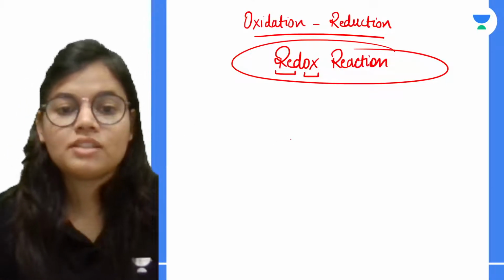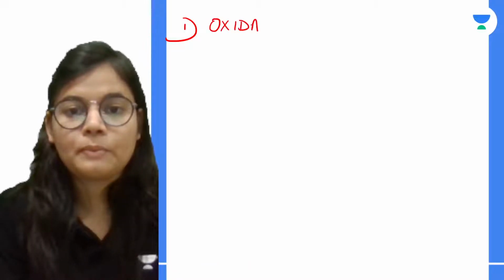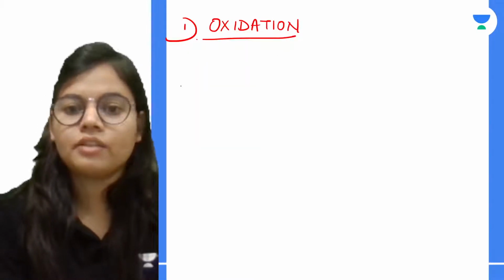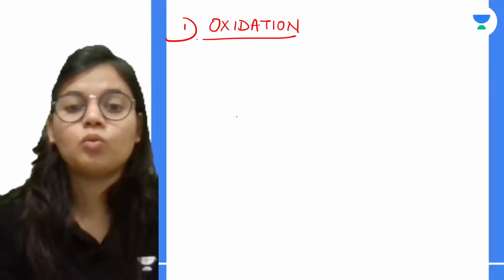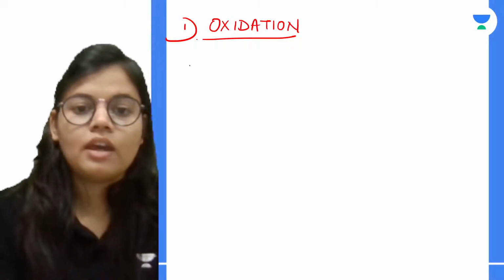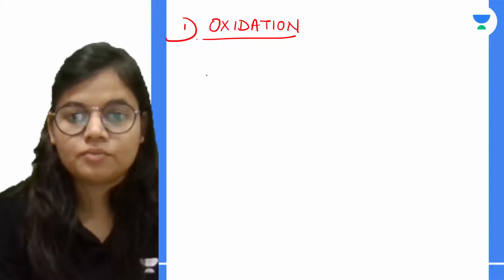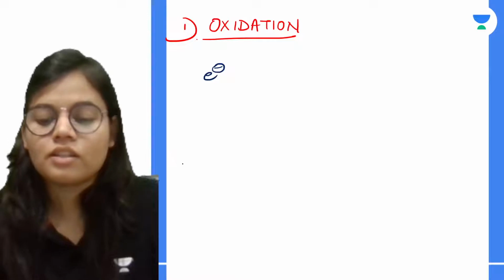So here we will be starting with oxidation first. It has several definitions, and we will study them one by one. If I talk in terms of electrons, what is oxidation?